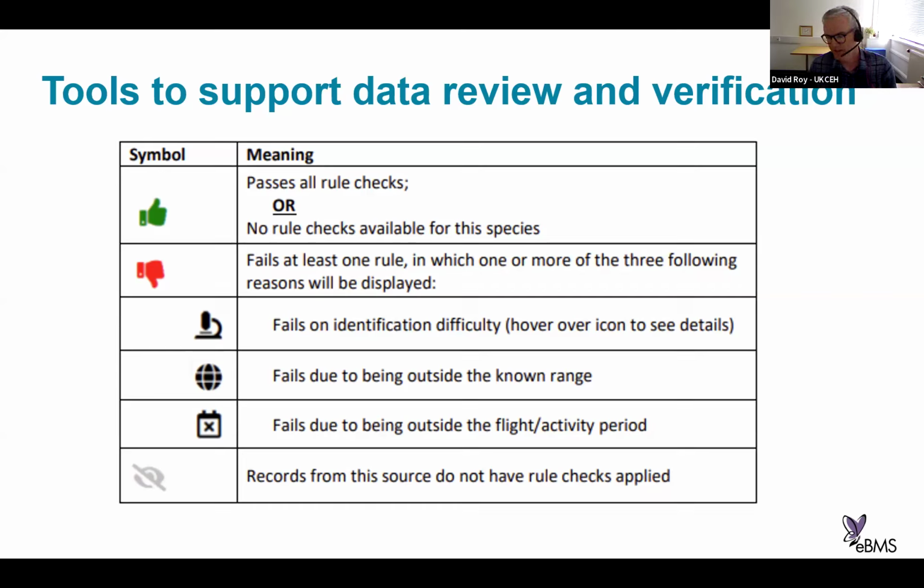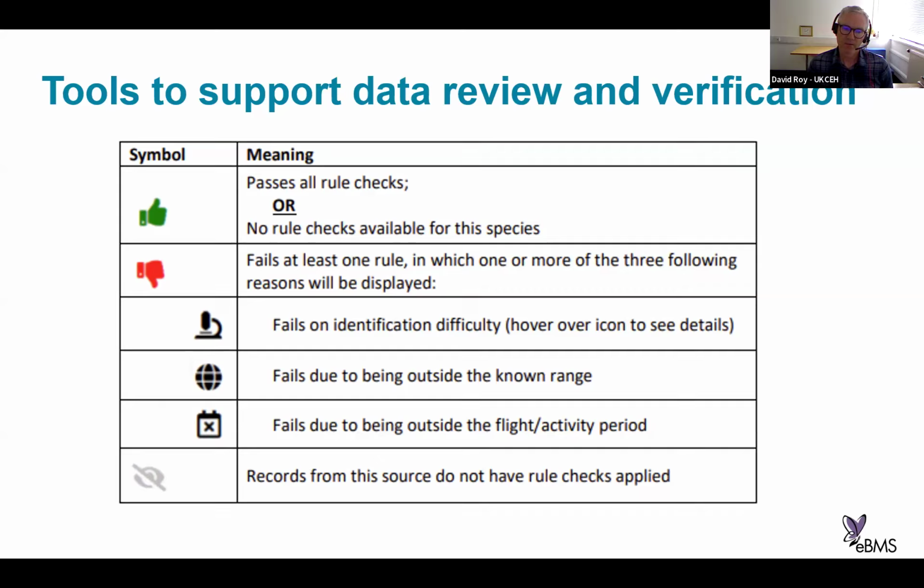So you may decide in Northern Europe that every record of a brimstone can be broadly identified by anybody. So you might automatically accept all records of the brimstone, for example. So there's some rules that we can apply based on the identification of the species.